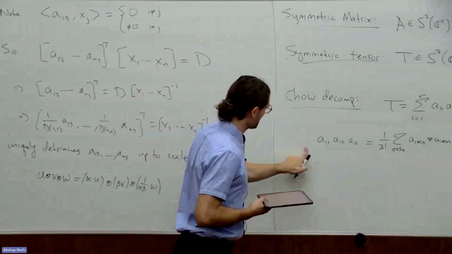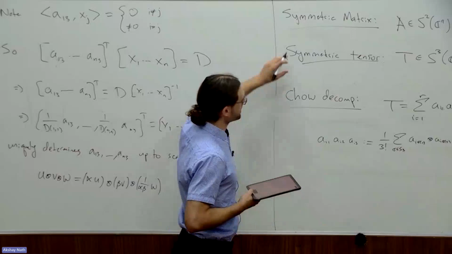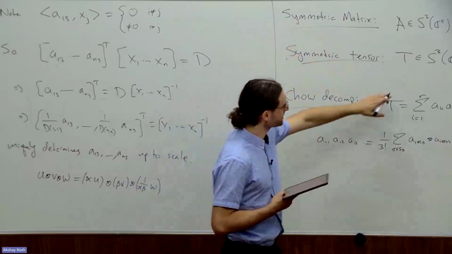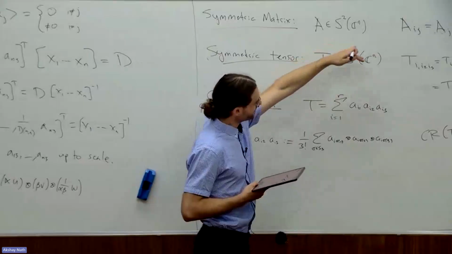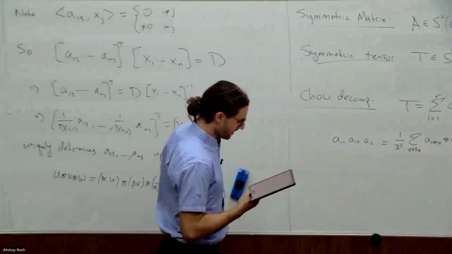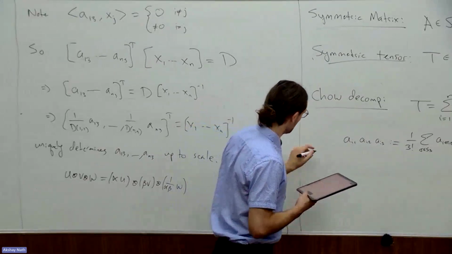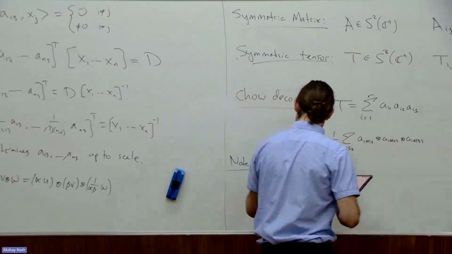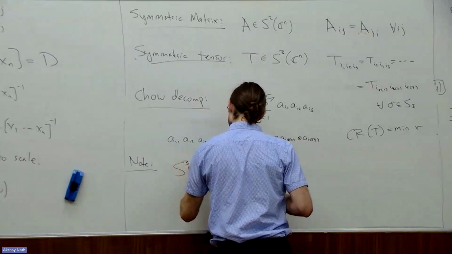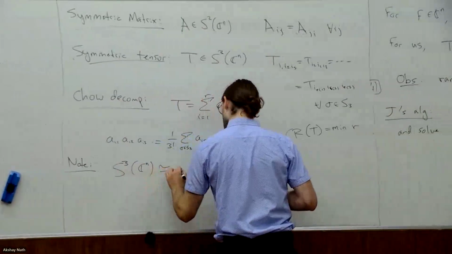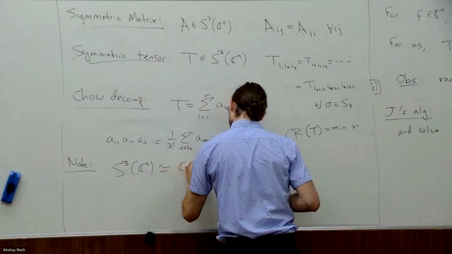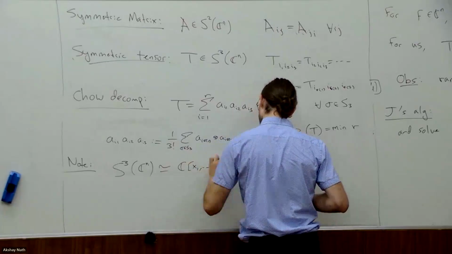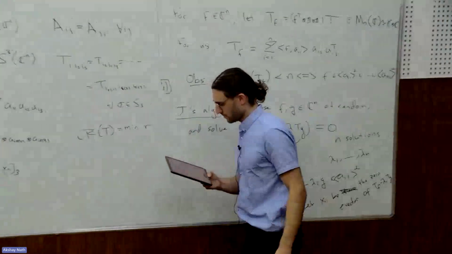I'd like to mention, as an aside, that symmetric tensors can be identified with homogeneous polynomials on n variables, in this case degree 3 homogeneous polynomials. We won't need this, but these are isomorphic.